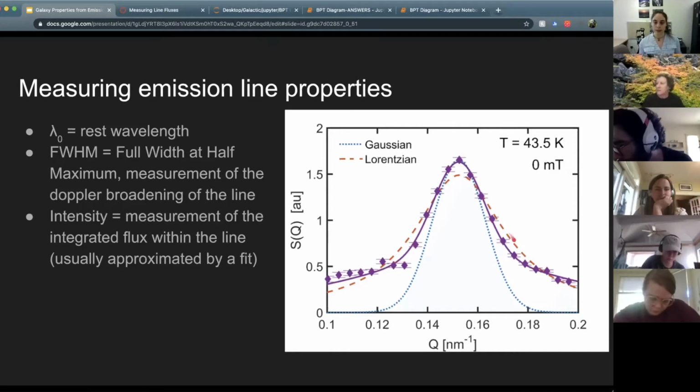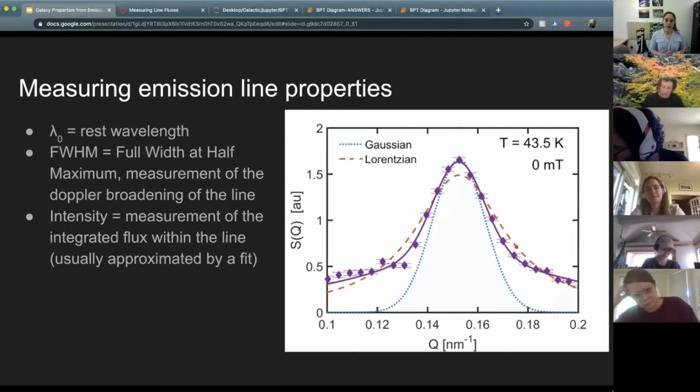So that's this red line here showing a Lorentzian profile. The sum of these two things is going to be the model of our emission line, and those are often called Voigt profiles, used to model emission lines.